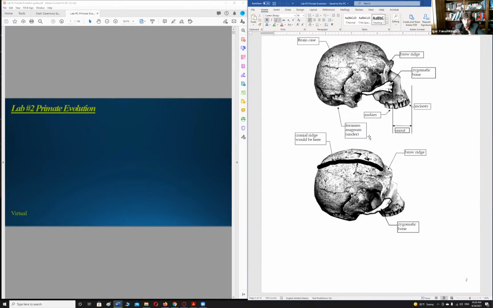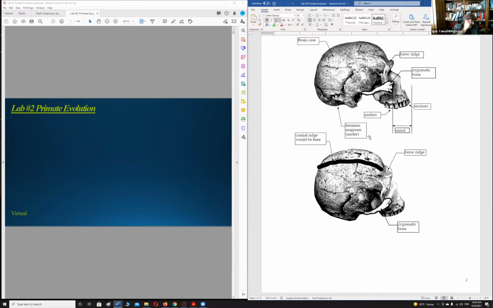It's actual bone where the masseters, the chewing muscles, are attached, and I'll tell you why that's important. These are the muscles which move the lower jaw. It's sometimes referred to as the cranial ridge or sagittal crest. So we're talking about sagittal crest and brow ridge, okay?